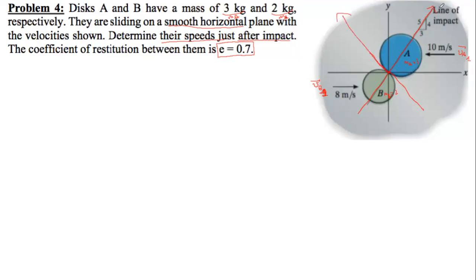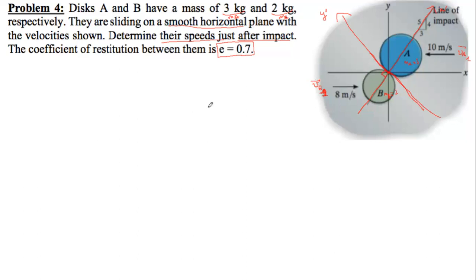If I call the line of impact X prime, the plane of contact I would call Y prime. It's normal to the line of impact, and you have 90 degrees between them. Do you all agree? Okay, good.